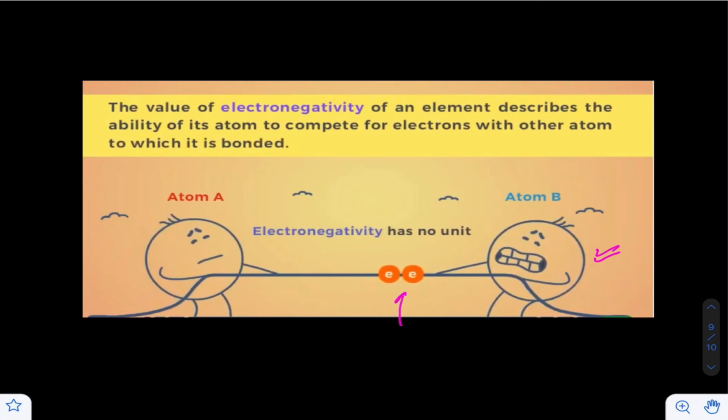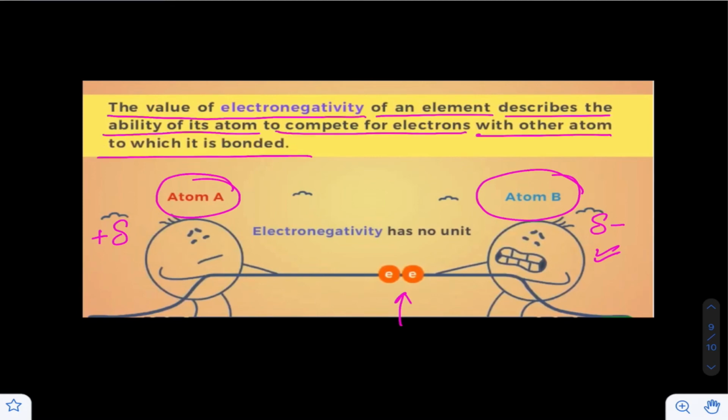It is not in the middle, it is shifted towards atom B, and it is a bit far away from atom A. That is why atom A will gain a partial positive sign and atom B a partial negative sign. Electronegativity has no unit. Fluorine has the highest electronegativity in the whole periodic table, and it is 4.0.